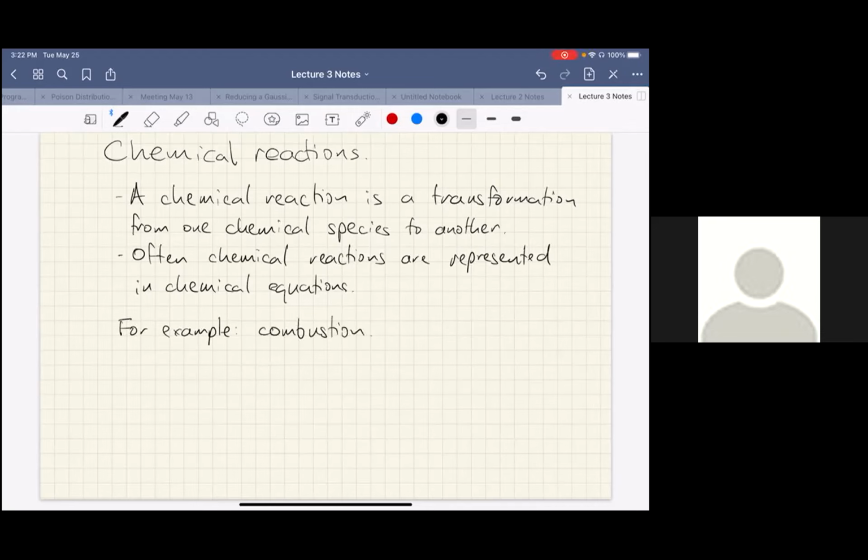Let's say we have methane, and we react it with atmospheric oxygen. So this is a straightforward reaction. The product of any combustion reaction is carbon dioxide and water.